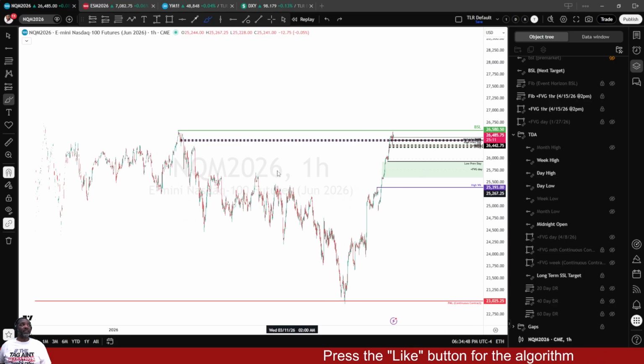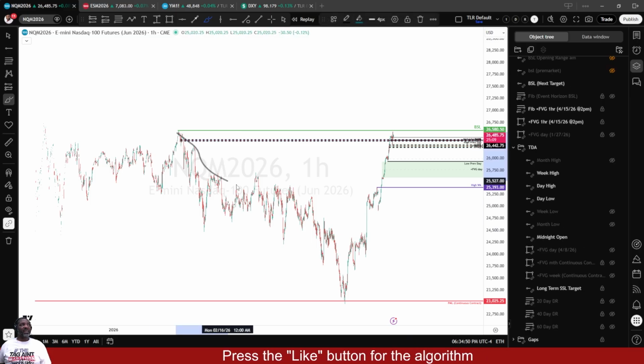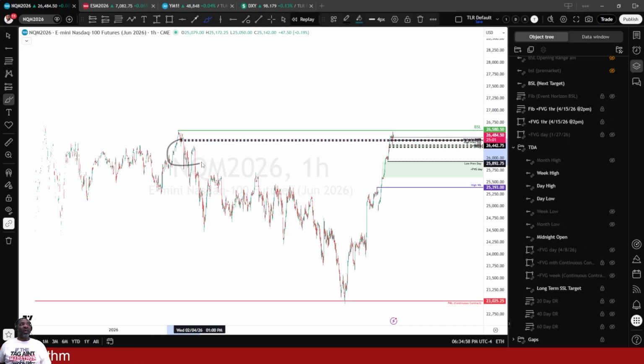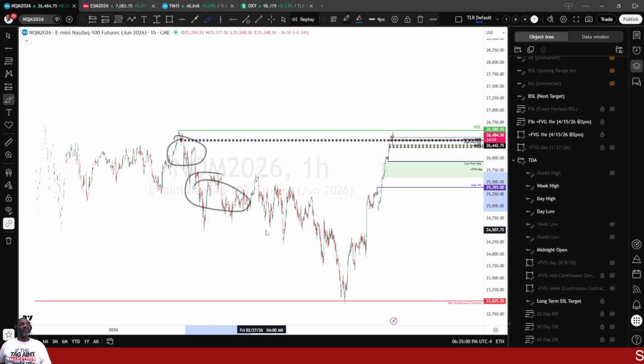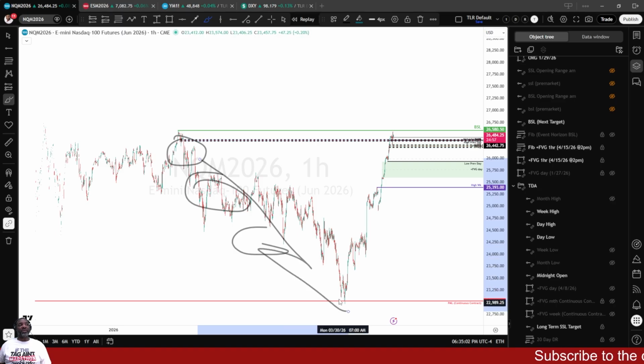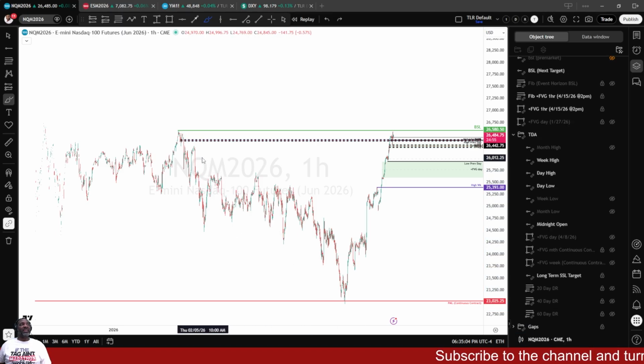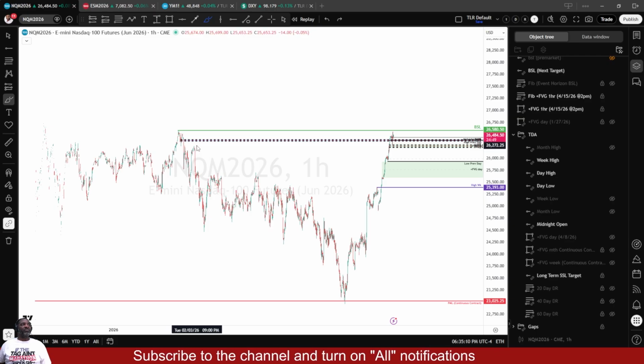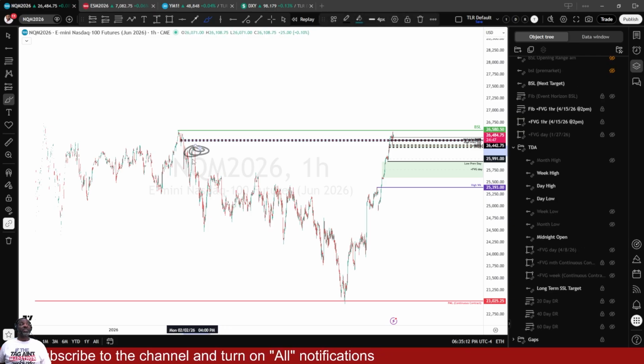If we squash this up right here, you'll notice this market maker buy model doesn't look like your typical market maker buy model. You don't have all of the clear-cut areas of distribution going down. You see a smart money reversal here, and you can identify a low risk short there.